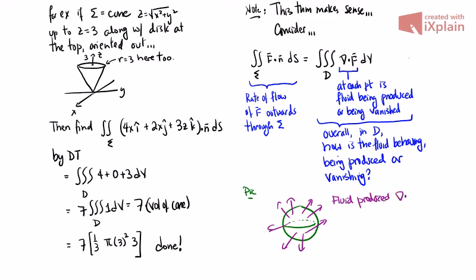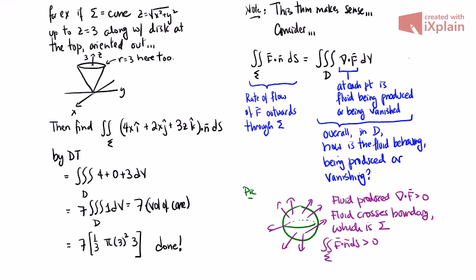So the divergence in this case is positive. And if it produces fluid, where does the fluid go? Well, it has to cross the boundary. And that boundary is sigma. And that's why that integral is greater than 0.